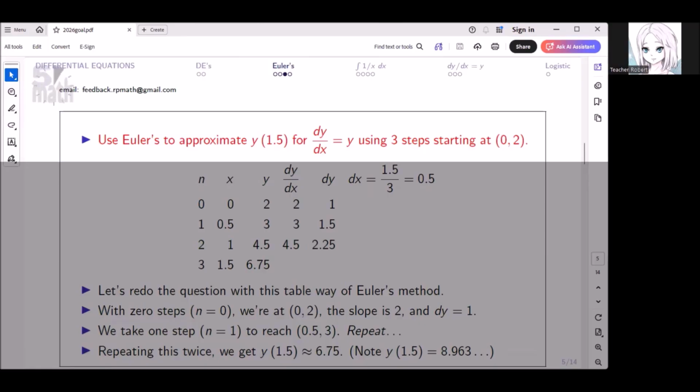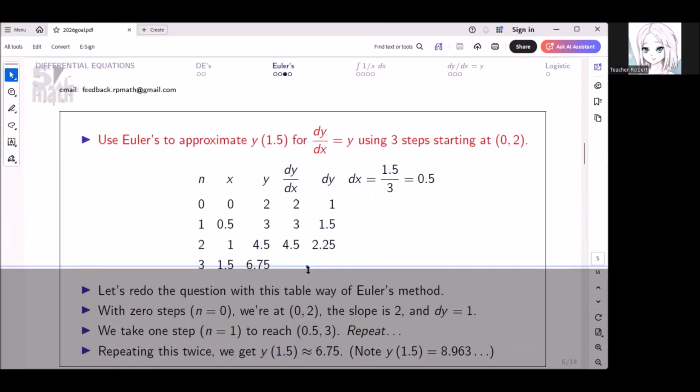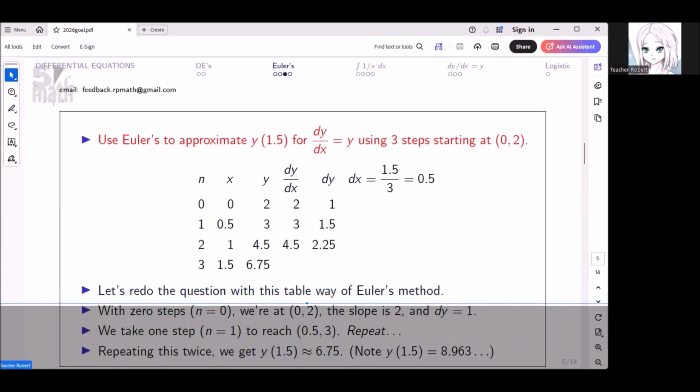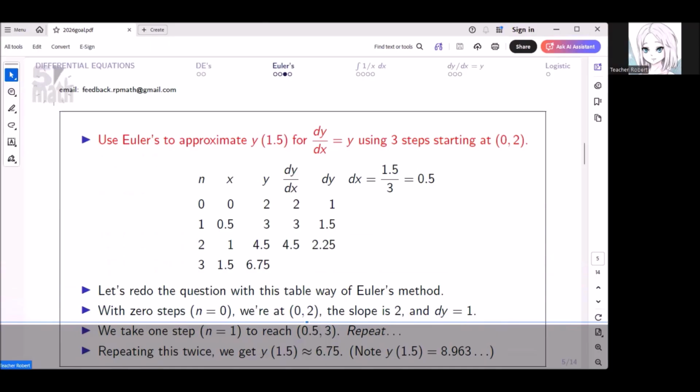Use Euler's to approximate y of 1.5 for dy/dx equals y using 3 steps starting at (0, 2). Here is a table. Let's redo the question with this table way of Euler's method. With 0 steps, n equals 0, we're at (0, 2), the slope is 2, and dy equals 1.